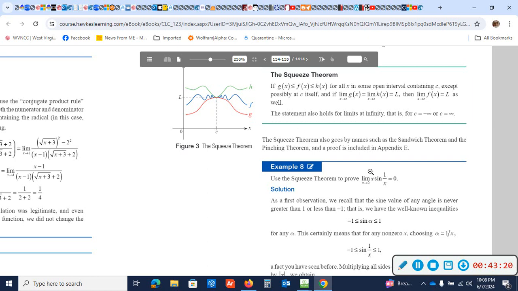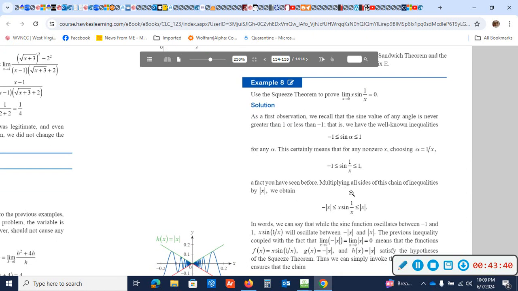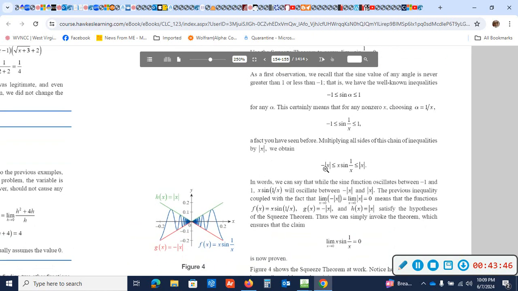Here's a good example. x times sine of 1 over x when x approaches 0. Sine of 1 over x when x approaches 0, remember that's the thing that bounces up and down. But this is smaller because the sine function is always between 1 and -1. This is stuck between absolute value of x and opposite of absolute value of x. And each one of those, when x gets close to 0, gets close to 0.